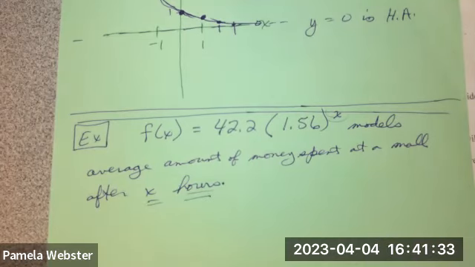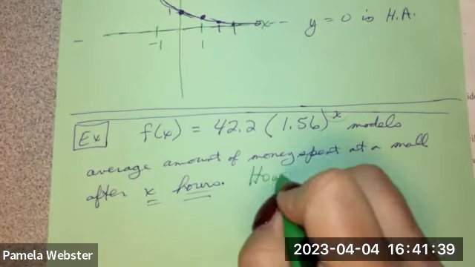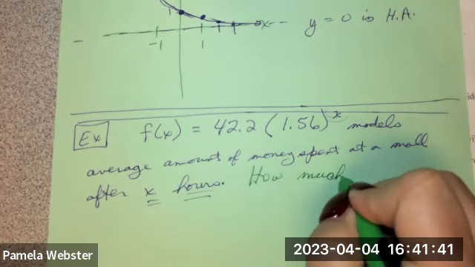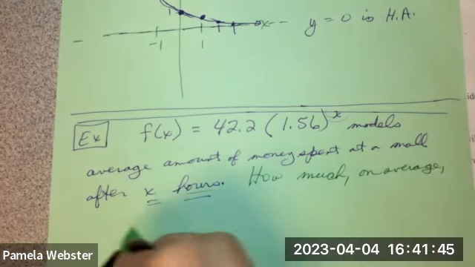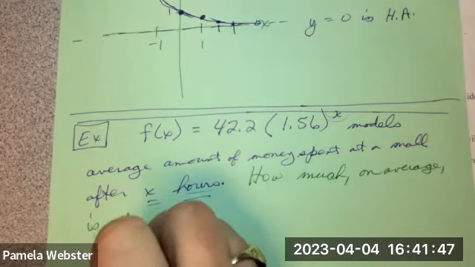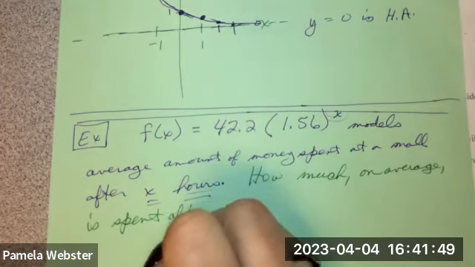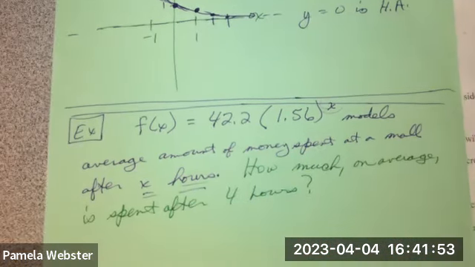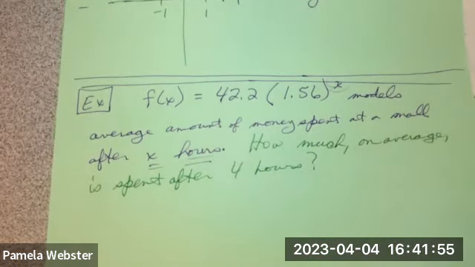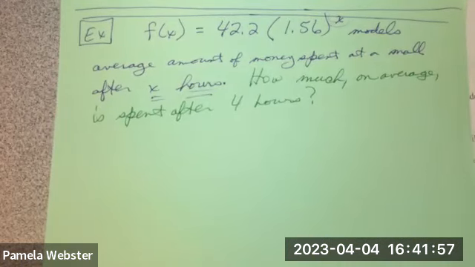Okay, so this is just an example they gave you, and they asked how much on average is spent after somebody has been at the mall 4 hours. So this is the idea of, can you take this function and utilize it to get me an answer?